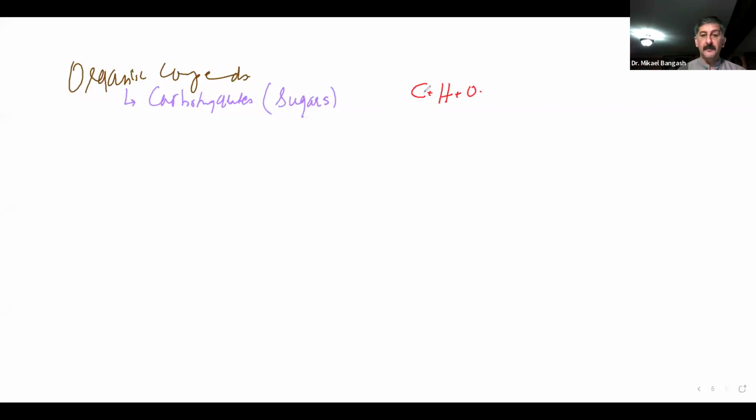A molecule made up of carbon, hydrogen, and oxygen becomes what you call a carbohydrate, which we can call a sugar.